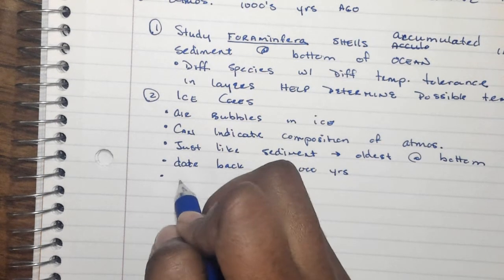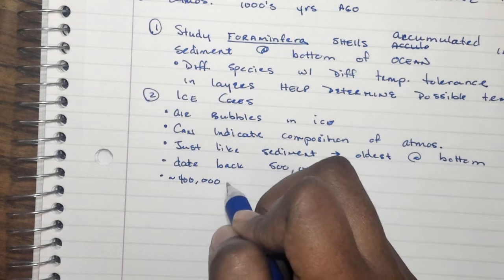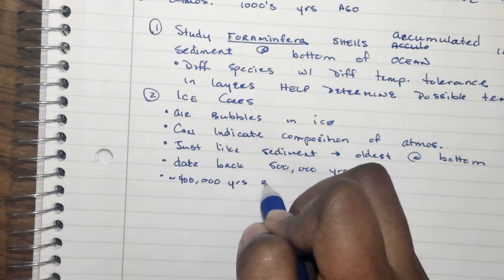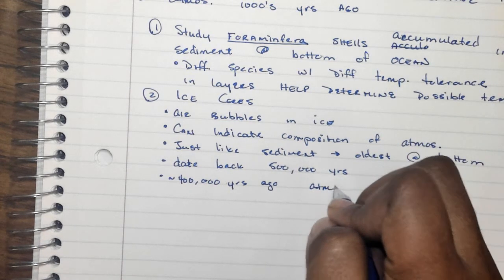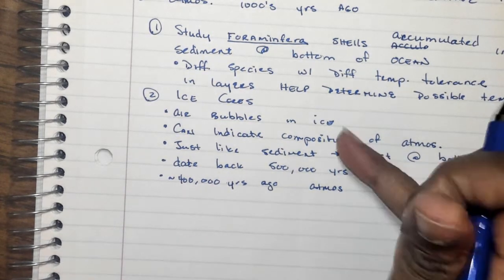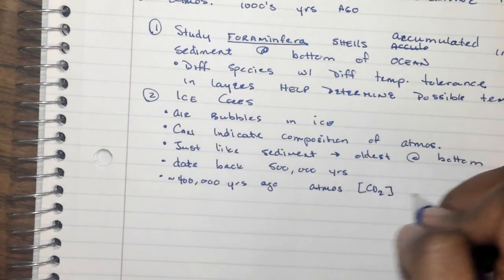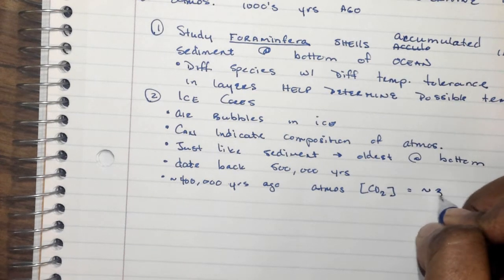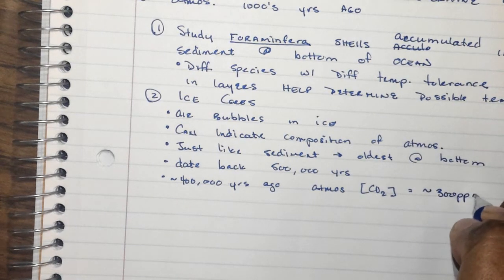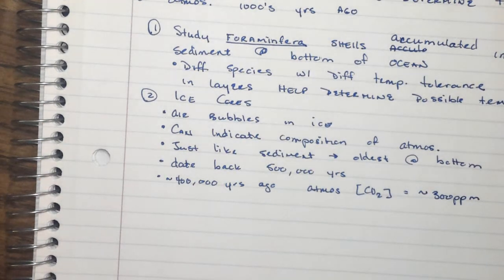We know that approximately 400,000 years ago, atmospheric CO2, and we use this data to figure this out, was approximately 300 parts per million. That's how we got that data, using ice cores.